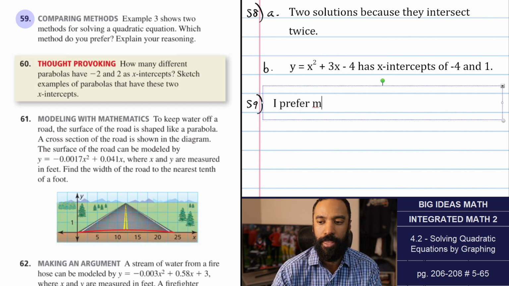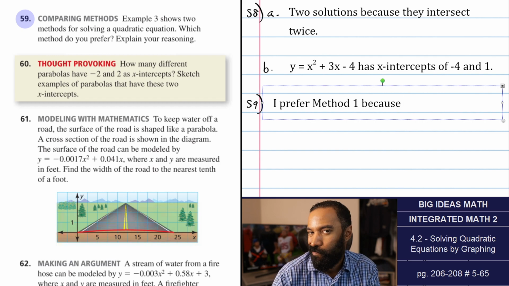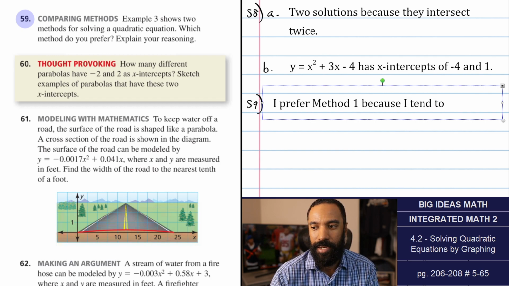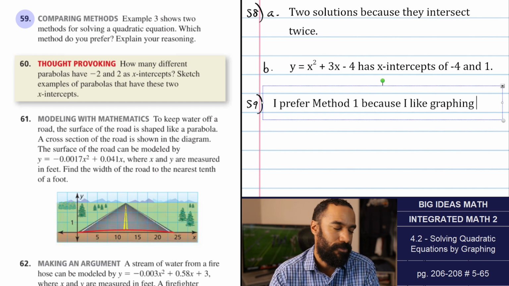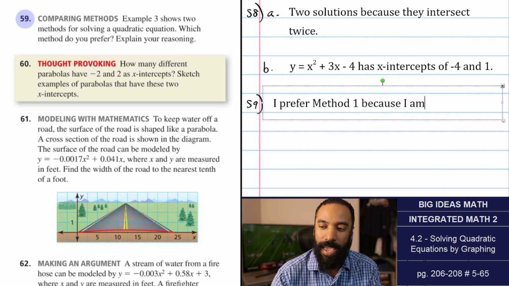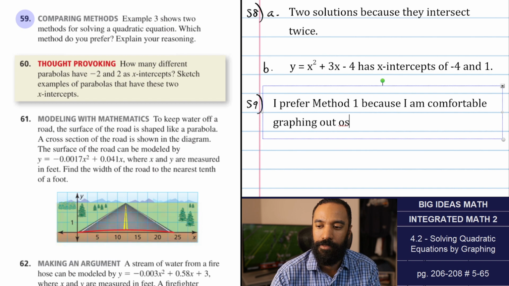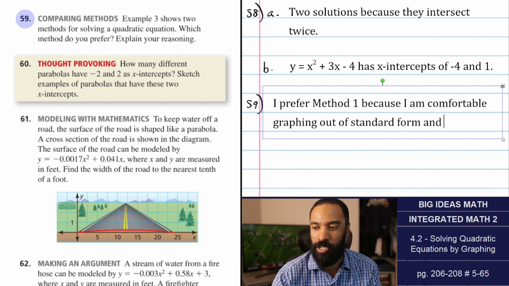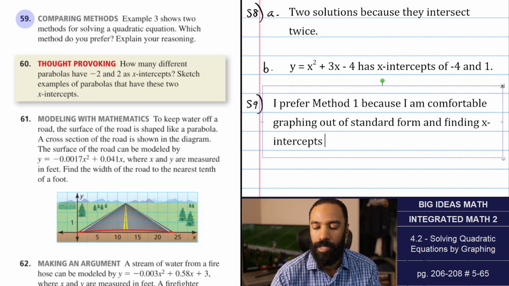So, I prefer method 1 because I like graphing out of standard form, but furthermore, it's because I like finding things in my window range and finding x-intercepts in my window range.